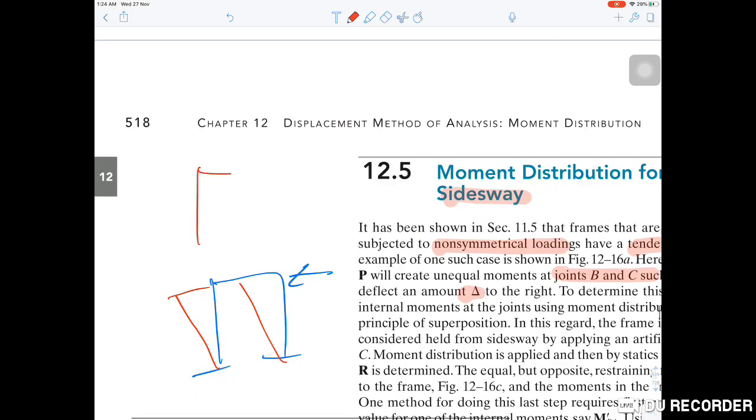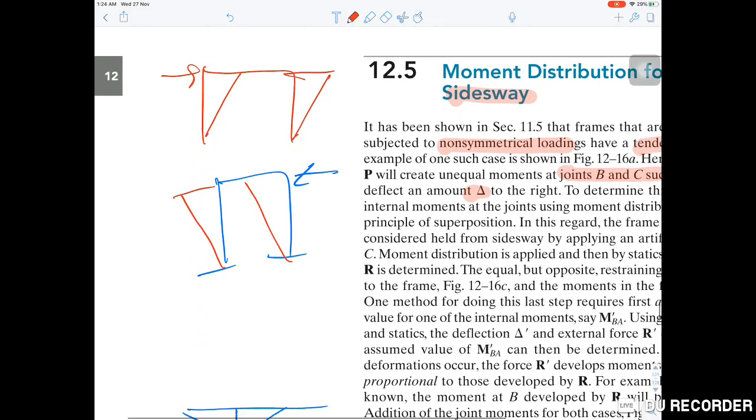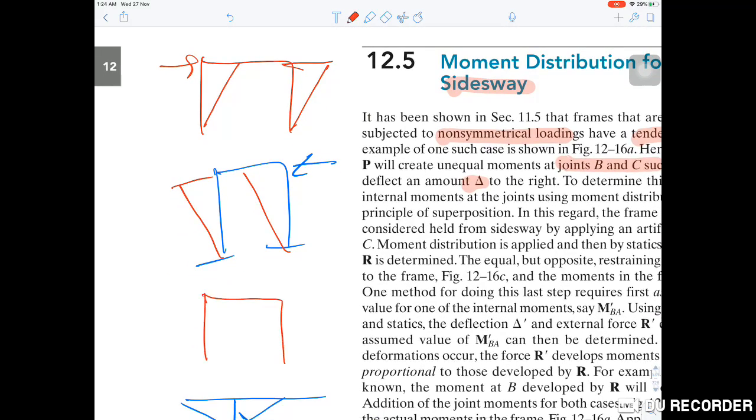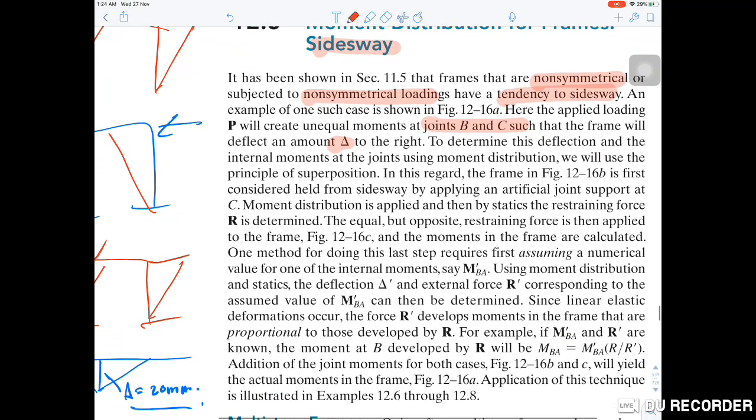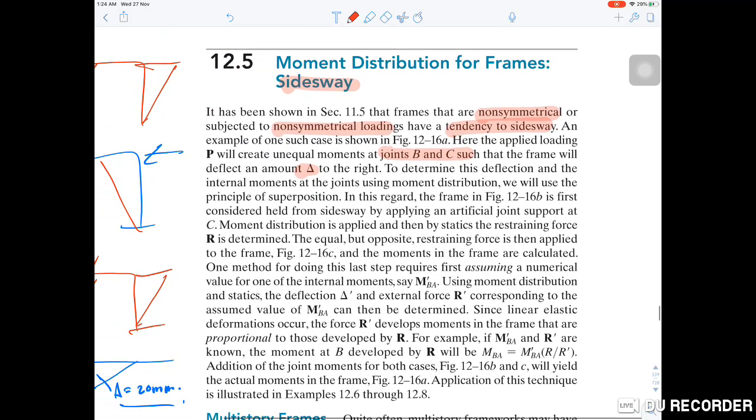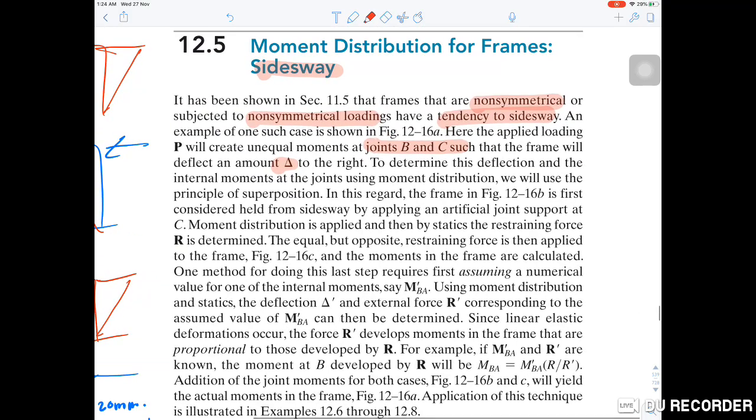If not, it is okay: this shows that the frame tends to sway to the right. Or if you are not sure, we may assume that the frame tends to sway to the right.